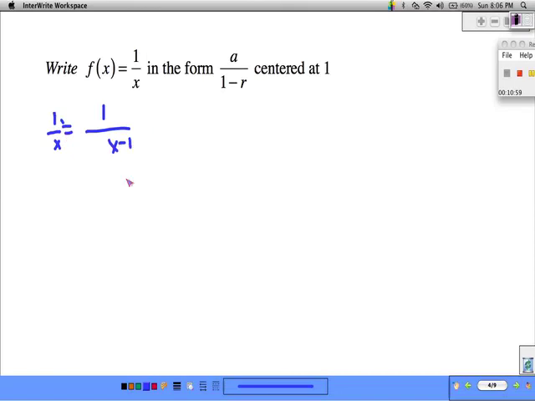But if I'm going to do that, I have to add 1 too. And I can simplify this to 1 over 1 minus negative x plus 1. Remember, I want 1 minus r.